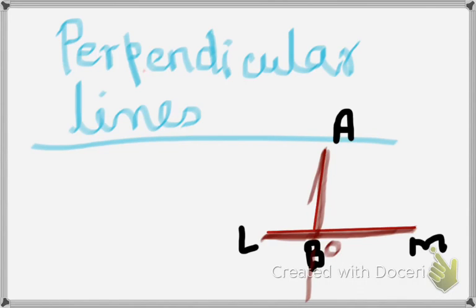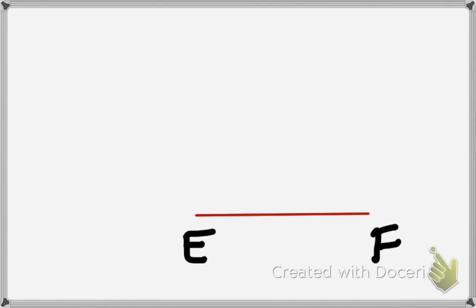Okay. I give you another example. Suppose this is a line EF and another line is NO. You can see the line NO is touching one point of the line EF.